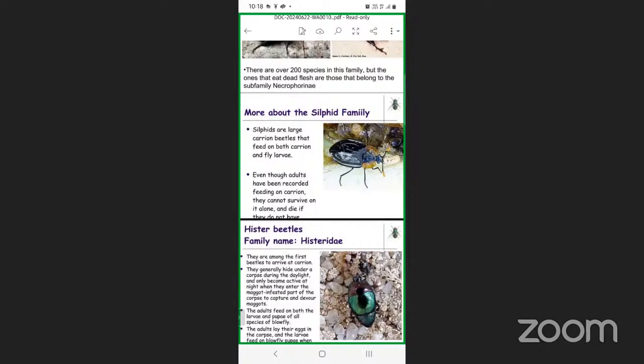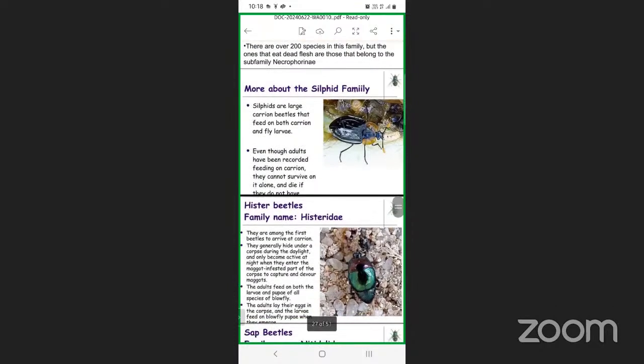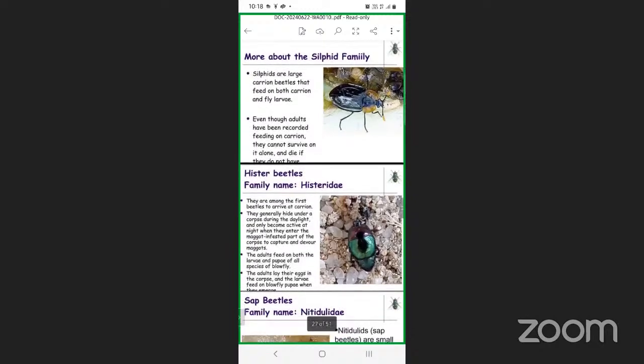Another beetle we see is the silphids. The silphid has a blackish body and slightly yellowish wing-like structures, and the antenna also has yellow colored hairs.